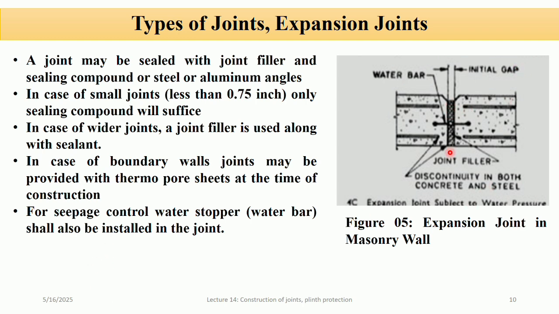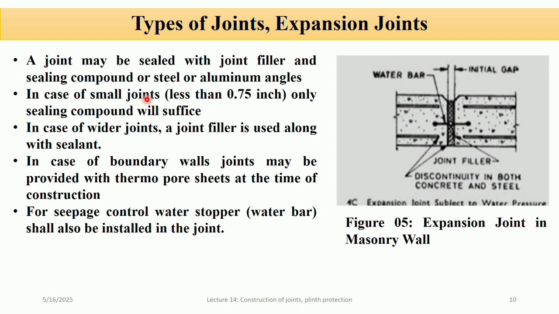After an expansion joint is created in a masonry wall, it must be properly sealed and finished to maintain its functionality and protect the structure from water, dust, debris, and insect entry. The methods of sealing depend on the width and location of the joints. In the case of small joints, only a sealing compound like silicone, polyurethane, or bitumen-based sealant is used.